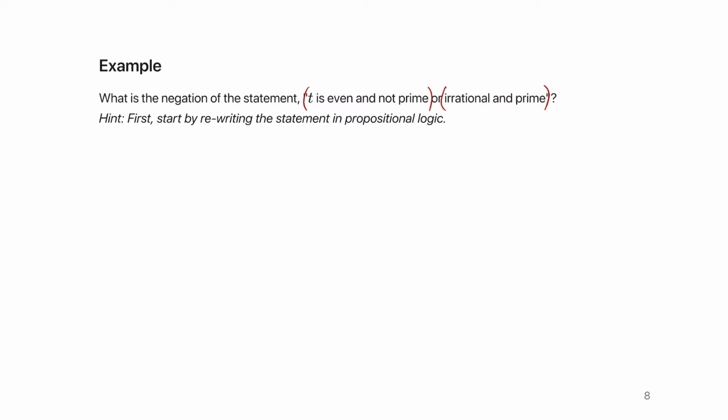Okay, and so what I'll do is I'll just assign variables to mean each of these things. So I'll say E is the proposition T is even, P is the proposition T is prime, and I is the proposition T is irrational. Notice these are all propositions.